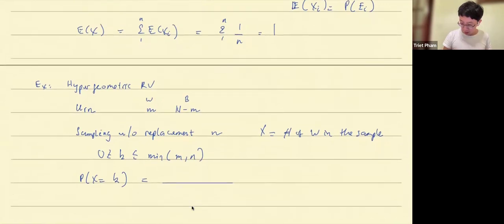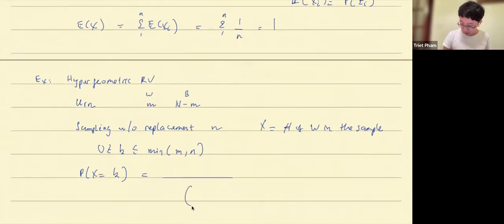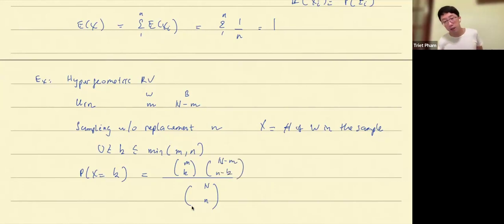The denominator is N choose n. And then out of m whites you choose k whites, and then out of the remaining you choose the remaining.